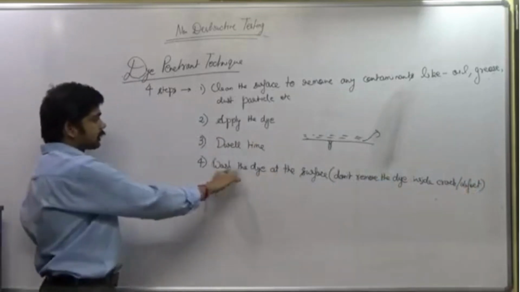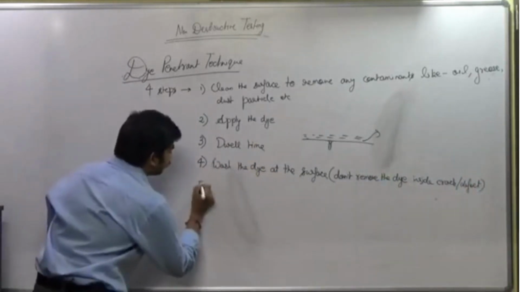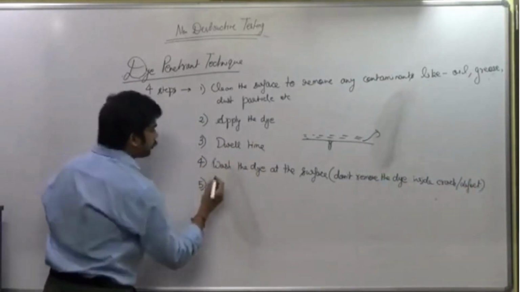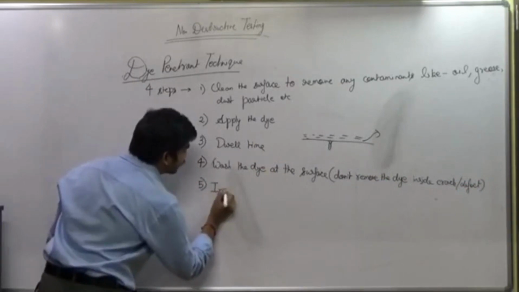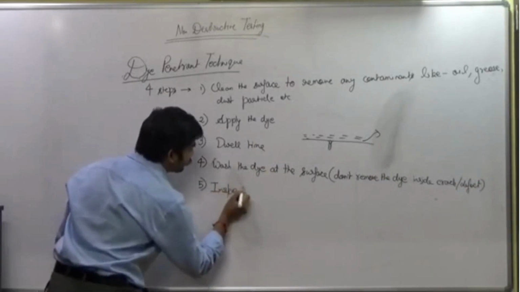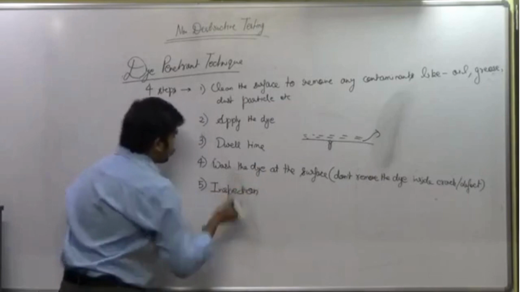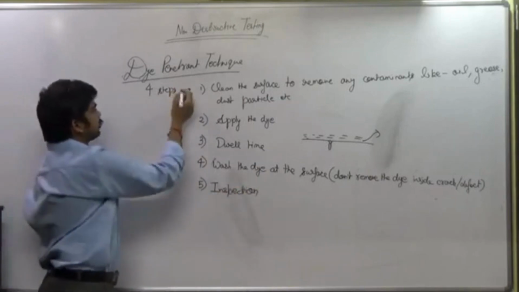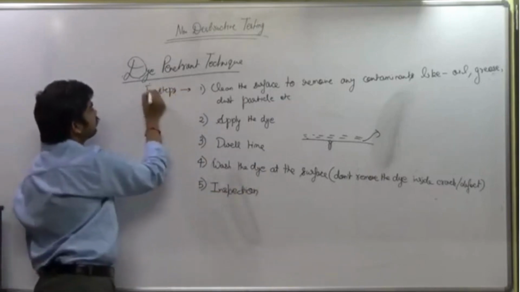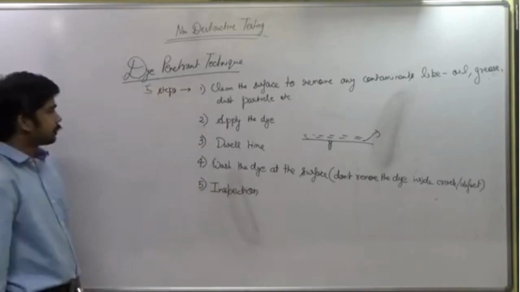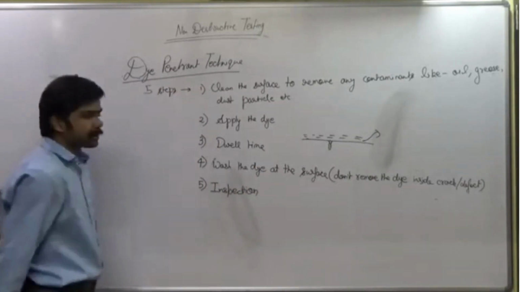So wash the dye at the surface, and then finally you have to go for inspection. So these are the 5 steps which are required in the case of a dye penetrant technique.